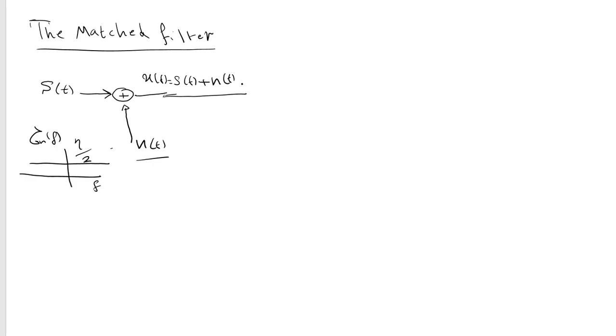At the receiver, we filter the signal. The filter is an LTI system, and the impulse response is h. And I'm looking for the optimum filter to put here. After filtering, we sample the output, for example, at time instant t0, and we get a voltage.